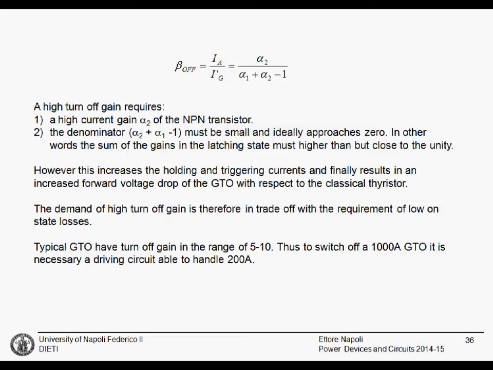This means that for a 100 amps application, the pulse of the gate must be between 20 and 50 amps of extracted current in order to switch off the device. A current that is in the order of magnitude of the main current. This actually is the best that you can do because you don't have any other device, but with such a small beta you are losing the main point of having a switch.